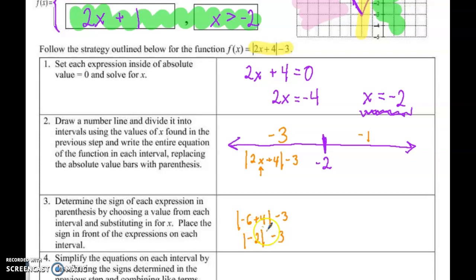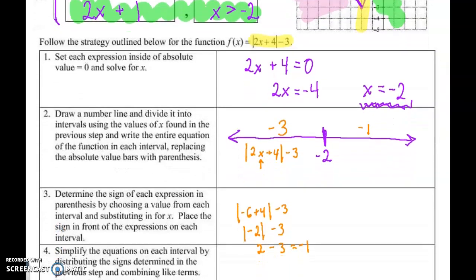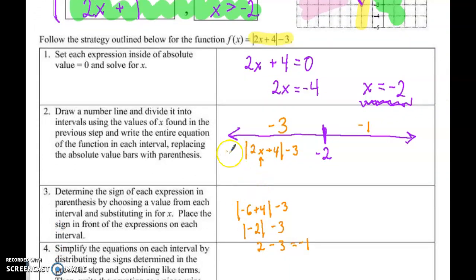And the absolute value changes the sign, so it becomes positive 2 minus 3, which equals negative 1, which is definitely the correct answer. But the premise is that with the negative being placed here, and we got a negative for the absolute value, we want to change the sign of it.